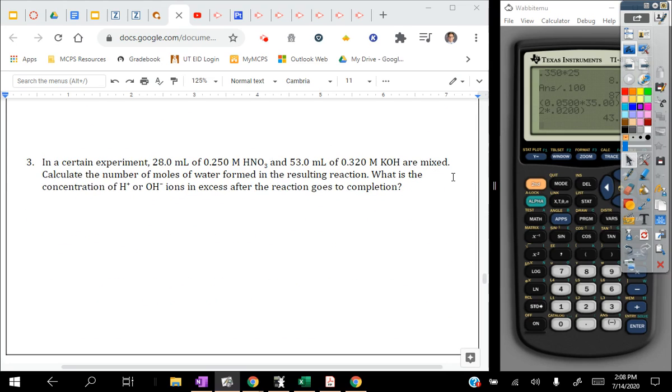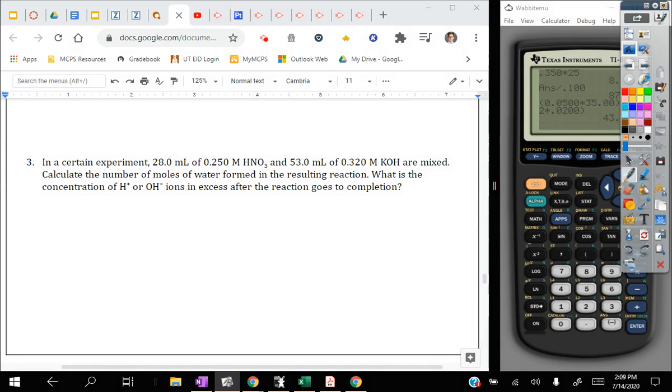Here, in a certain experiment, 28.0 milliliters of 2.50 molar HNO3 and 53.0 milliliters of 0.320 molar KOH are mixed. Calculate the number of moles of water formed in the resulting reaction. What is the concentration of H plus or OH minus ions in excess after this reaction goes to completion?